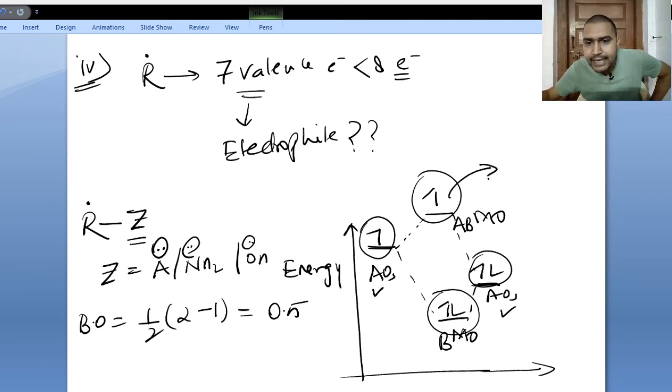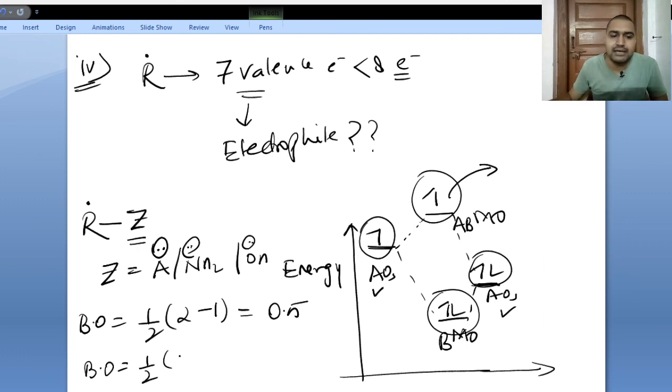If we throw away this electron, then the number of electrons in the anti-bonding molecular orbital will be 0, so your bond order is 1. As we can see, if we throw away this electron from the anti-bonding molecular orbital, the bond order is going to increase. And when the bond order increases, the tendency of donating the electron increases.